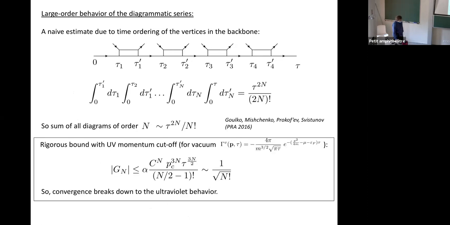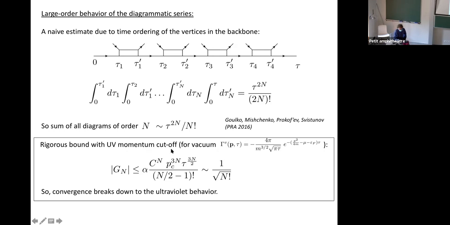So we try to make this argument a bit more rigorous by including the integration over momenta. We took the vacuum expression of gamma zero and also include the integration over momenta, if we work in momentum representation, with a cutoff.